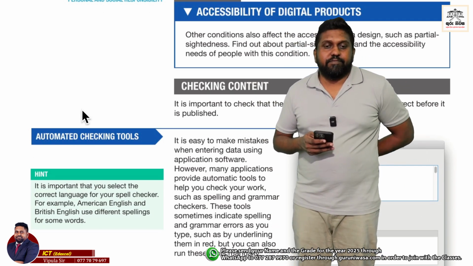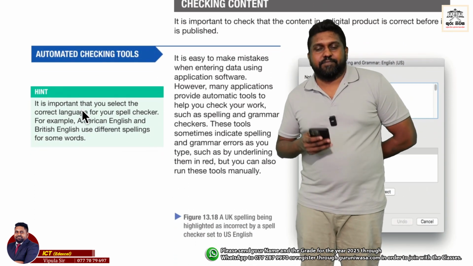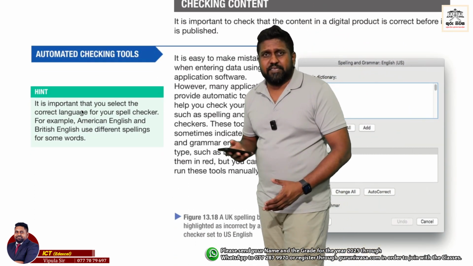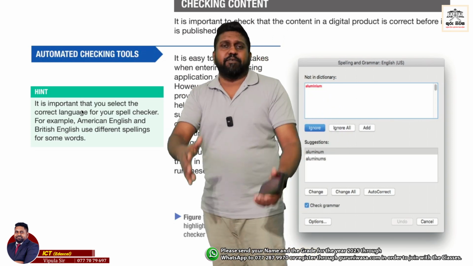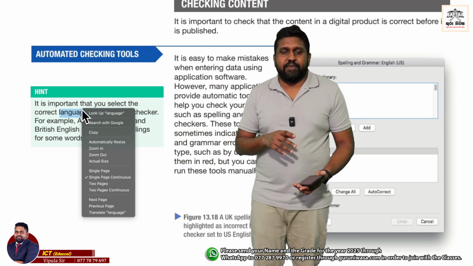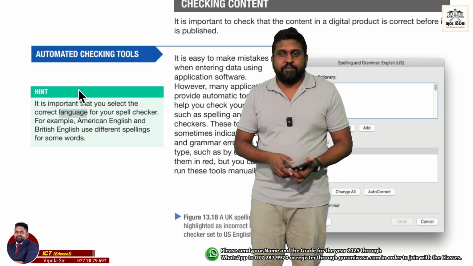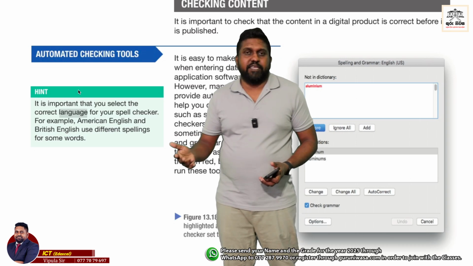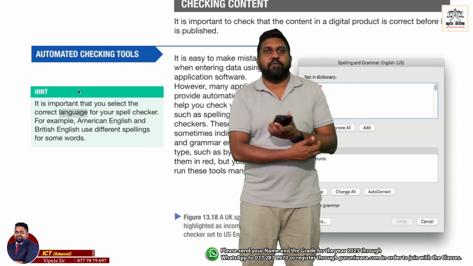Now, about checking. This is not actually going in a structure. This is just throwing a lot of information at you, because this topic is basically preparing you to get into topic 6.